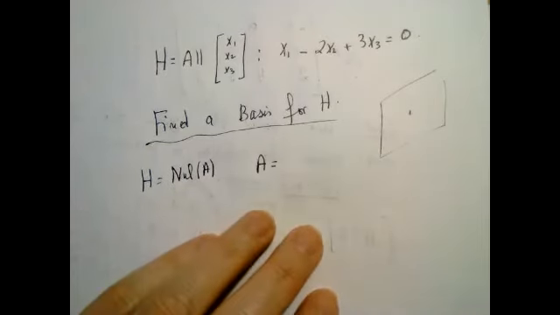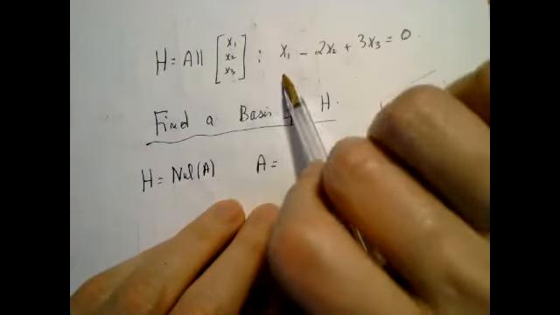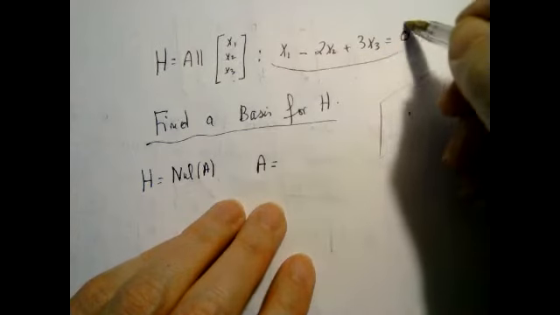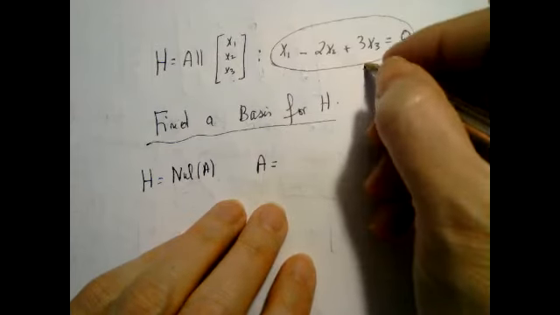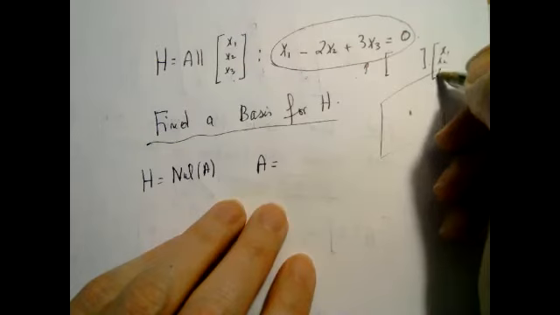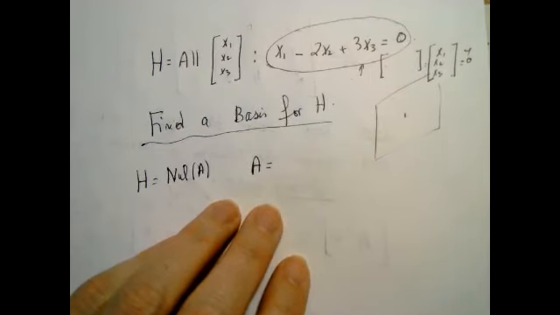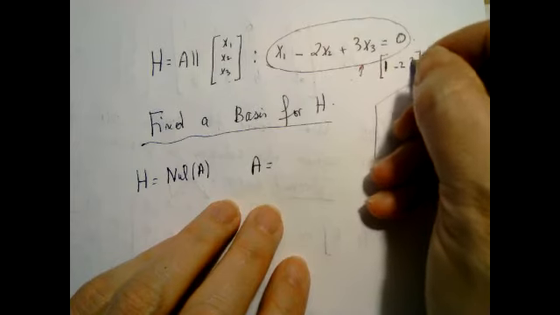Who can give me A? What is A? H is all the solutions, basically, you can think of it as all the solutions of this equation. So if I want to write this as A times this equal to 0, what's going to be A here? 1, minus 2 and 3.